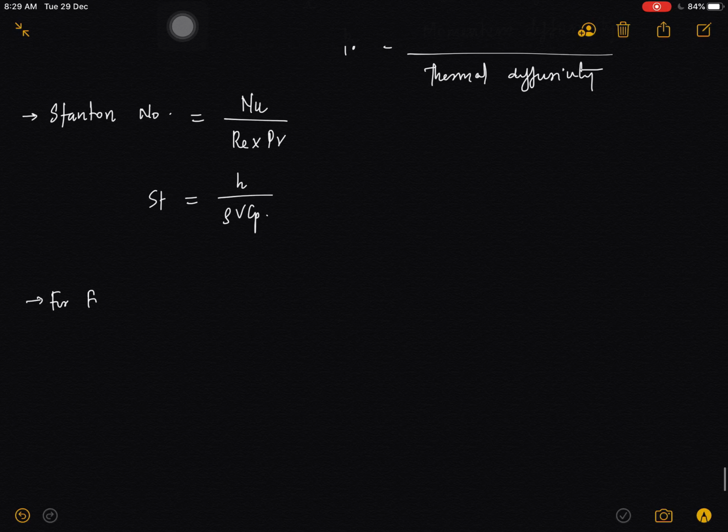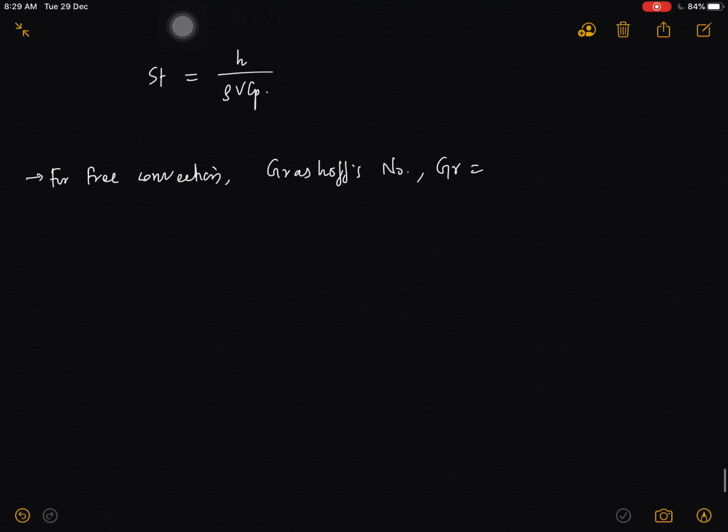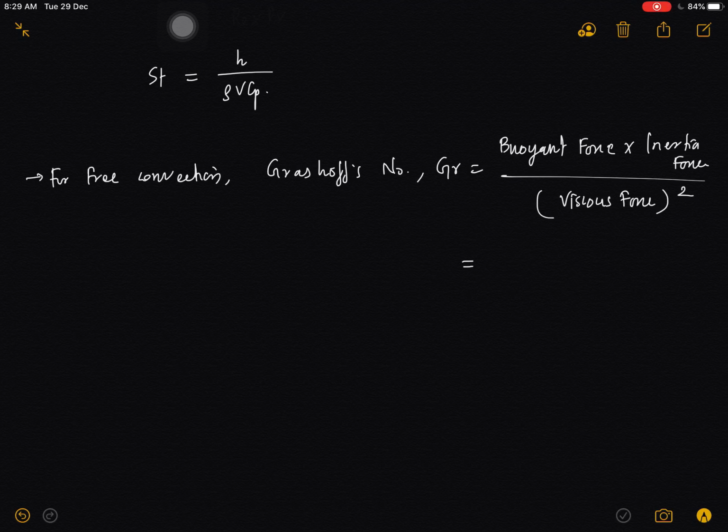Okay, and along with this, for free convection, we have a dimensionless number called the Grashof number, denoted as Gr, which is nothing but the ratio of buoyancy force into inertia force divided by viscous force, the whole squared, and this can be written as buoyancy force divided by viscous force into Reynolds number.